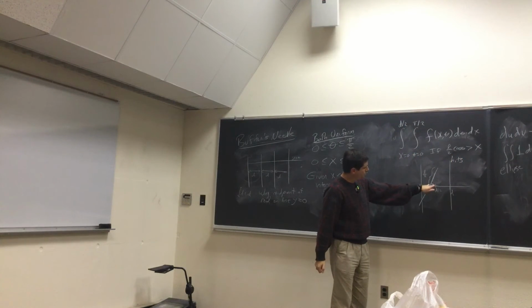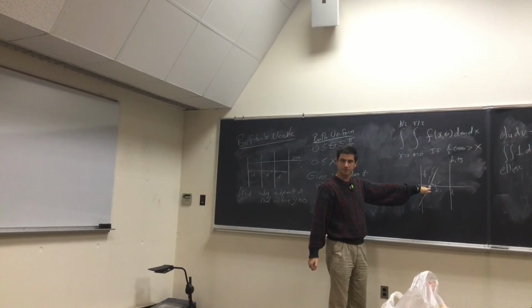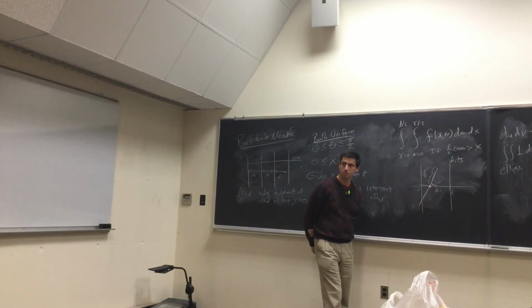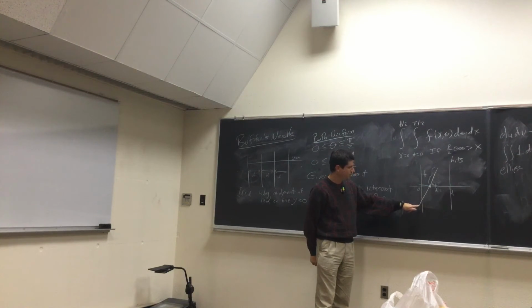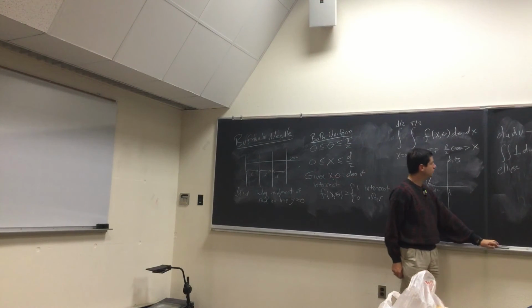Because L over 2 cosine theta is going to be the length over here, which is the same as this length here. And then that would mean that the x point down here would be past this line. So this is the region we need to integrate over.